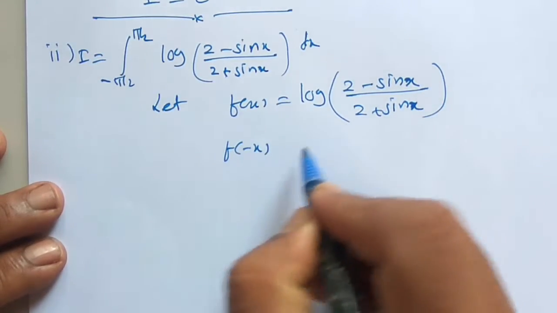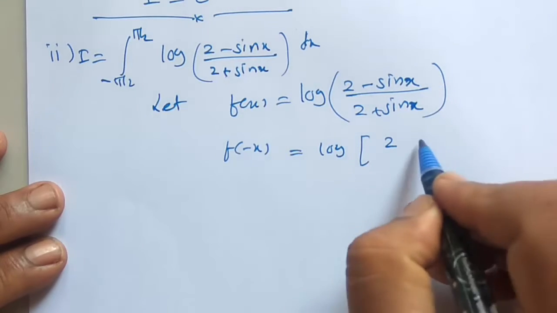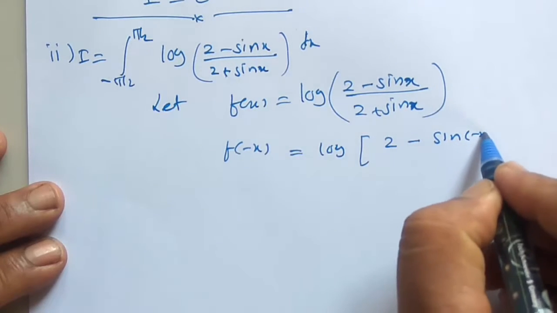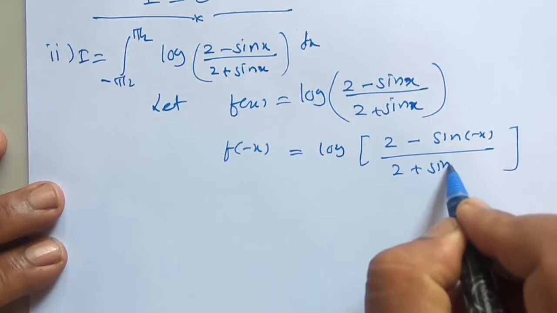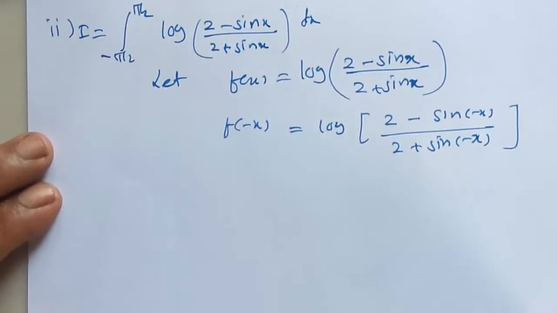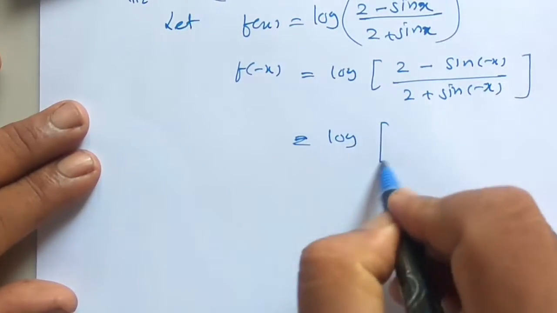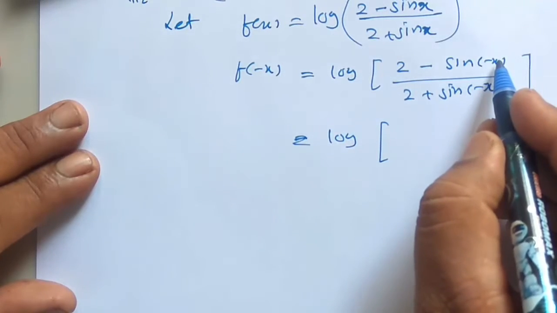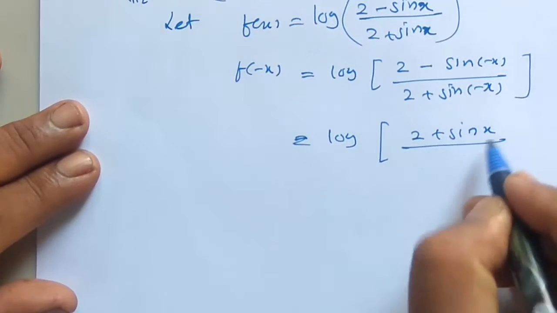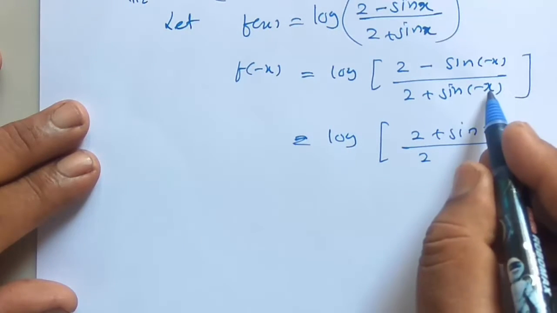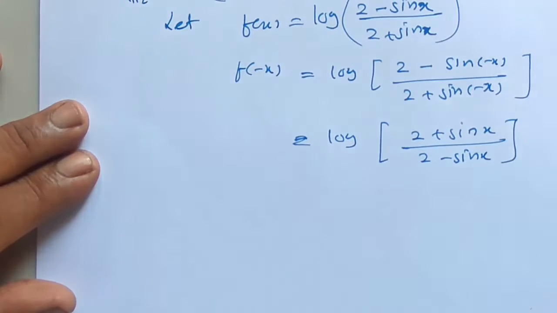If we replace x by minus x, it becomes log of 2 minus sin of minus x upon 2 plus sin of minus x, and sin of minus x is minus sin x, so 2 plus sin x upon 2 minus sin x.